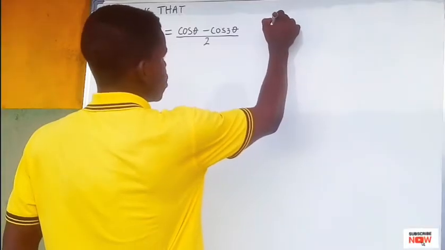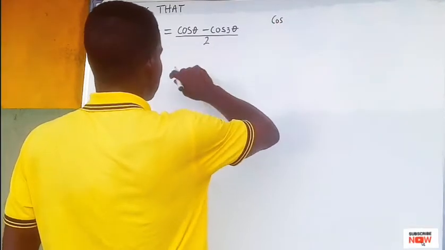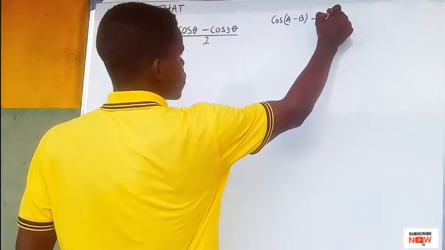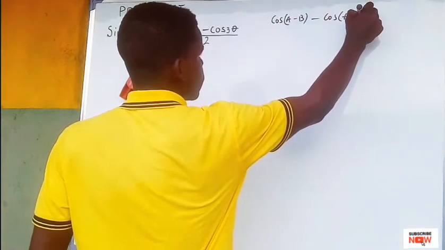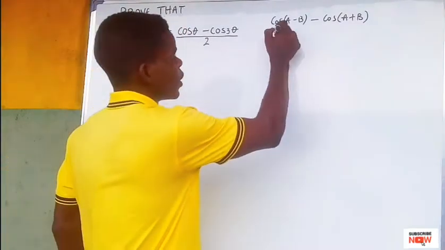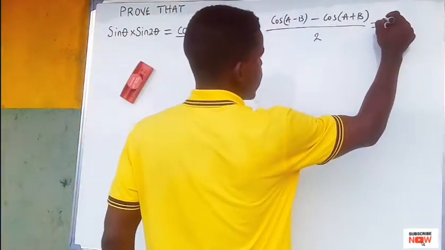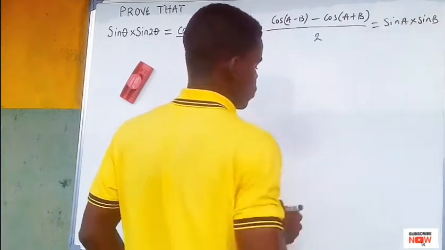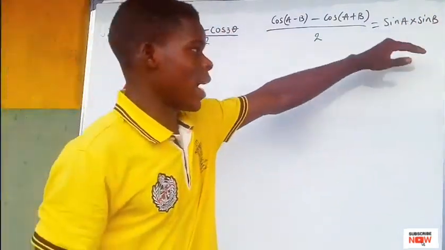Since we have cosine A minus B minus cosine A plus B, all over 2, that is sine A times sine B. This is what we get from that identity.